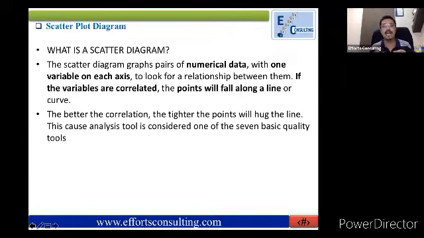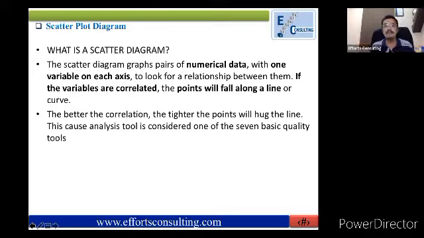We would like to check how and how much it is impacting, and we'll understand it with a graphical representation through Excel. But before we go to Excel, let us understand how we can do it manually. So let us understand the theory through slides, and then we'll go straight to the scatter plot in Excel.